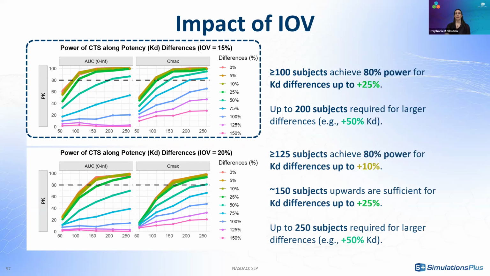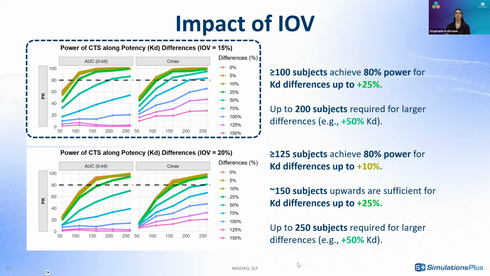And the required sample size to reach 80% power drops by around 25 subjects for differences in potency. And we can detect KD differences up to 25% with an inclusion of around 100 subjects.